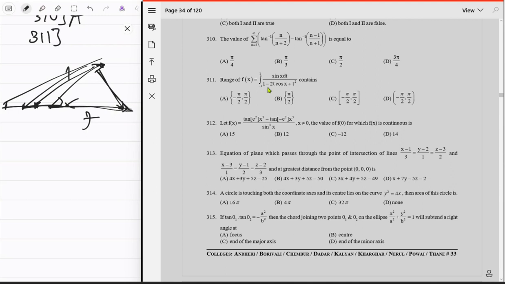Okay, so now what? It's like f of x, we can just do f dash of x or something and then probably something happens, something like that.